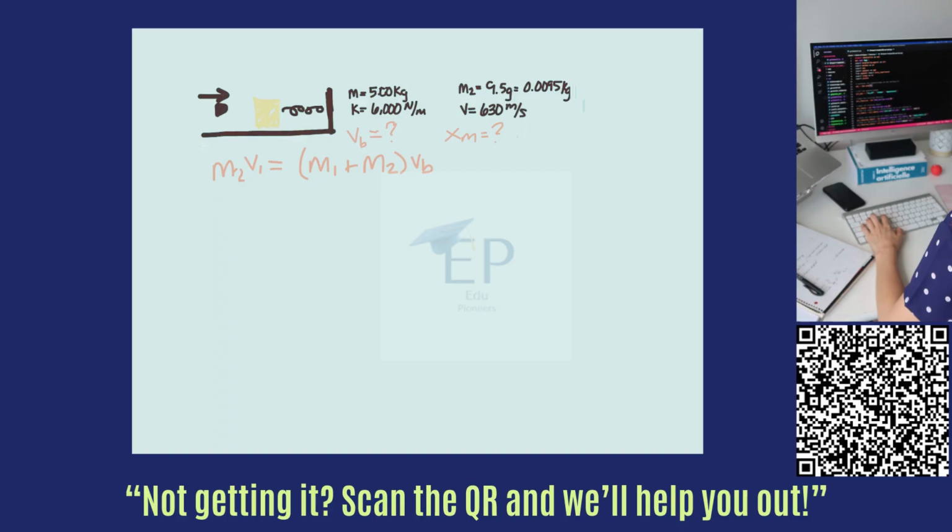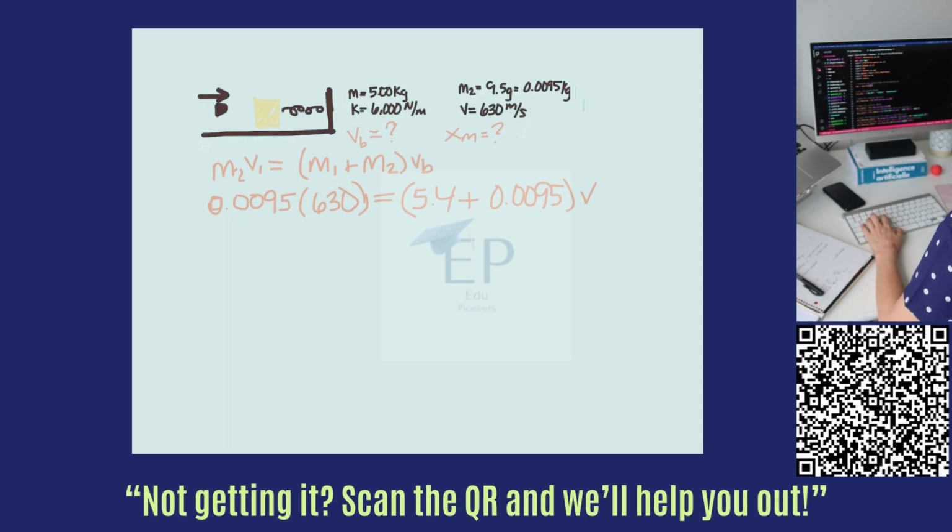So when we plug in our known values, we have 0.0095 times 630 equals our masses, so 5.4 kilograms plus the mass of the bullet, 0.0095 kilograms, times our V final.